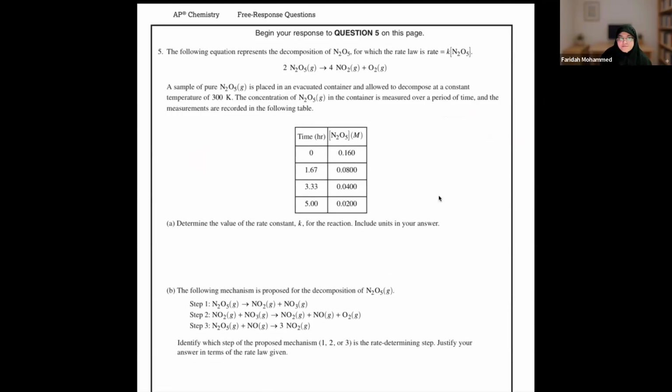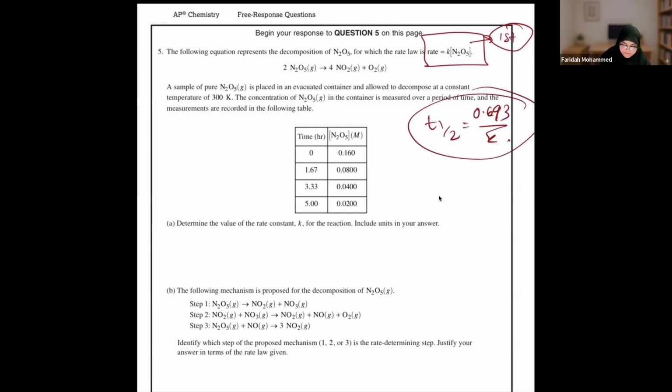Number 5. Okay, now based on the rate law, you know that this is first order. Because this is first order, it means you can use the t-half formula, 0.693 over k. Now using that, you can solve for k. There are multiple ways to do this. You can do the integrated rate law, but the best way is just to use this.